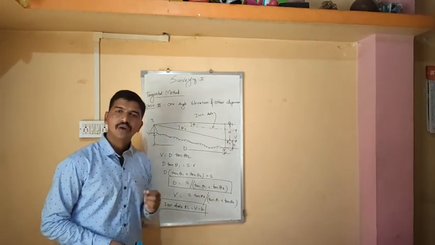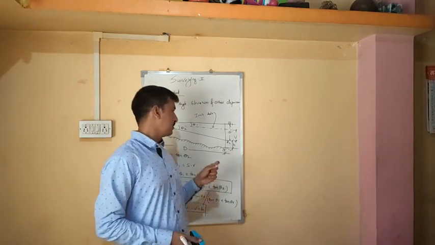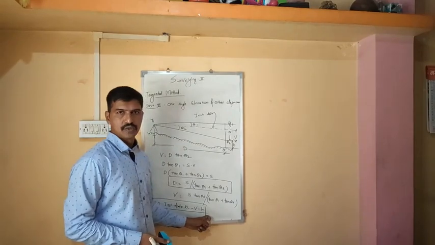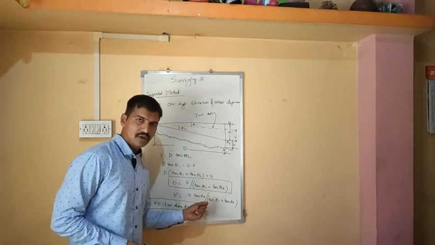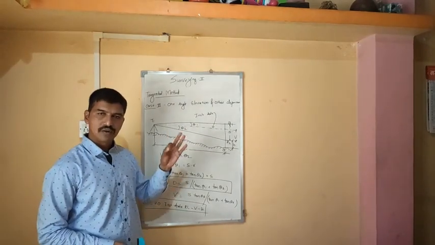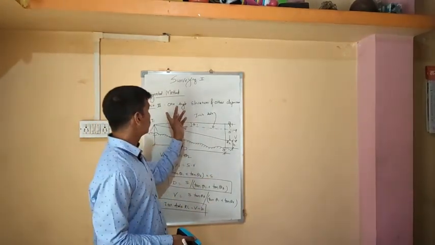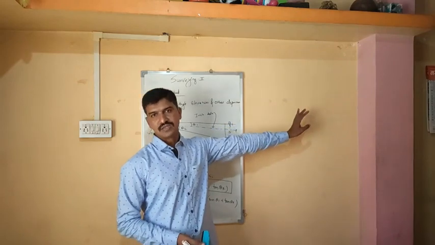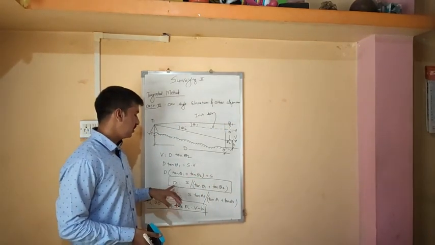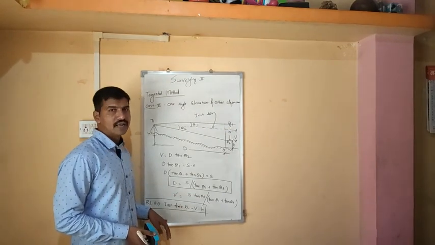I hope that every one of you has drawn the figure and written down the formulas. I insist that everyone take a separate page for case 1, case 2 and case 3, and write down the formulas for D, for V and for finding the RL of the instrument axis.